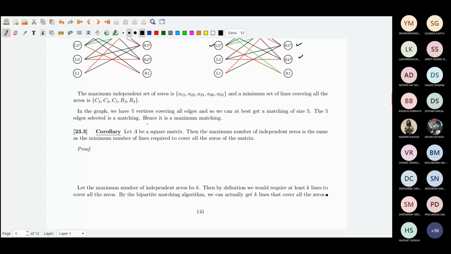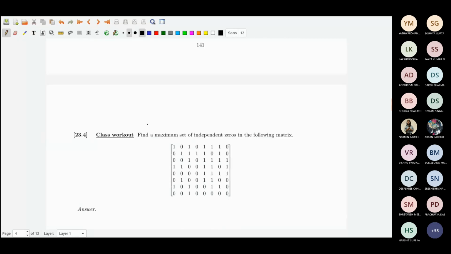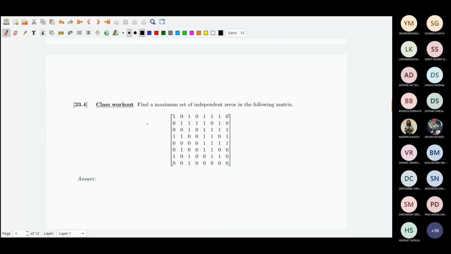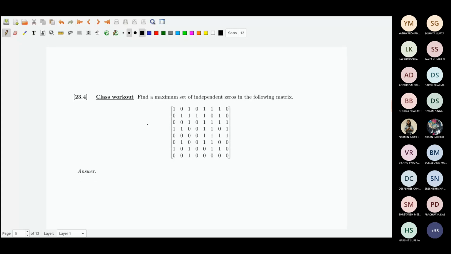So I wanted to do this workout, but I think now it is not necessary. You people can work this out. Do you want me to work out the stages for this one? Maybe we'll try on our own. It is not that difficult. Have I given the answer or not?